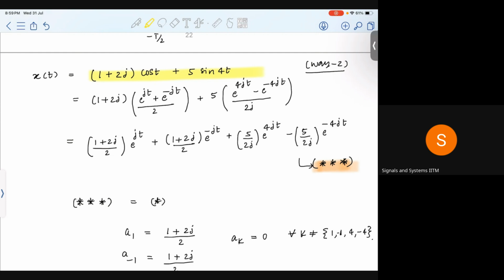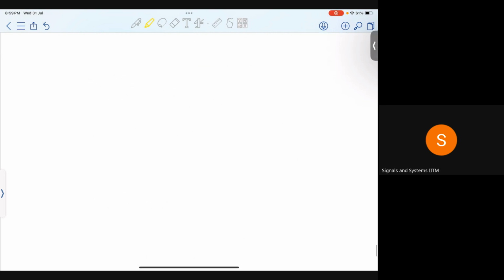The reason is simply that, suppose you have something like cos t plus sin t, cos t by 2j times sin t, or minus j cos t. Suppose you have something like this. What is this?